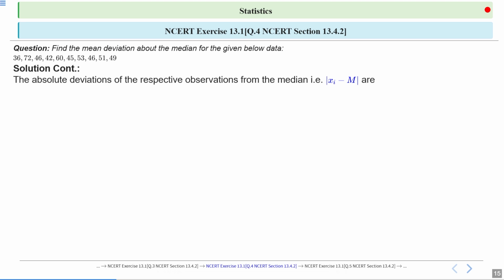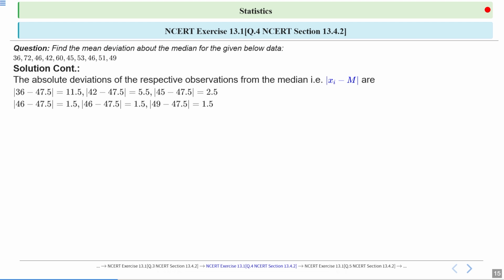Okay, and the absolute deviations of the respective observations from the median are: for 36, absolute value of 36 minus 47.5 is 11.5, and absolute value of 42 minus 47.5 is 5.5. Absolute value of 45 minus 47.5 is 2.5.